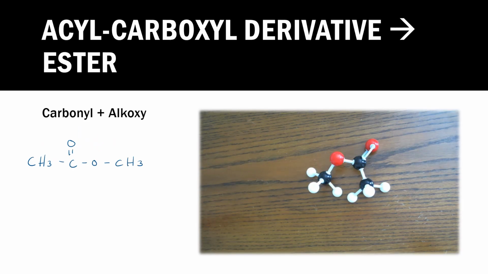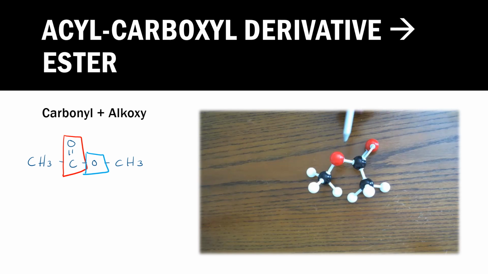All right, next we have our first carboxyl derivative, our ester. And so what we have here is our carbonyl plus our alkoxy. So right here, I have my carbonyl group, and right here, I have my alkoxy. So remember, an alkoxy is going to be a sandwiched oxygen between two carbons.